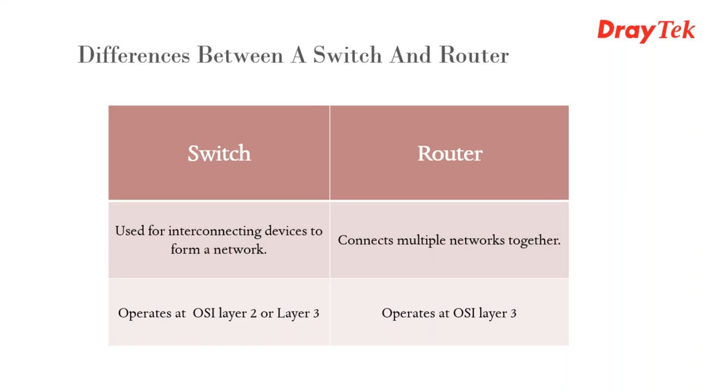A layer 2 switch forwards data based on the destination MAC address, while layer 3 switches forward data based on the destination IP address. Some switches can do both. Routers, on the other hand, operate at OSI layer 3, known as the network layer, using IP addresses to route data across networks.